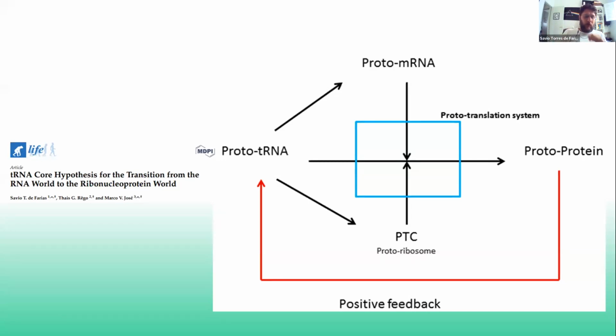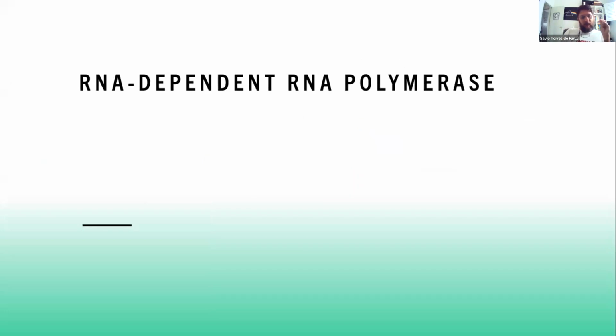Okay, so what we did: we constructed a database with all tRNA sequences available in the main databases, and from these tRNA sequences from modern organisms, we constructed the ancestral sequence for each kind of tRNA and translated the information stored in the proto-tRNAs, the ancestral molecules of tRNAs.